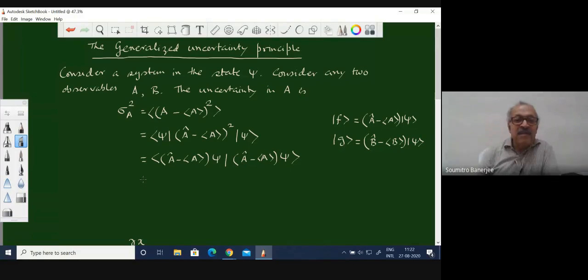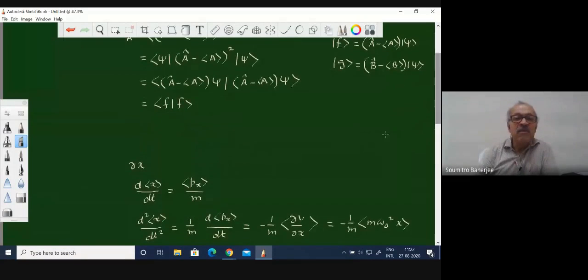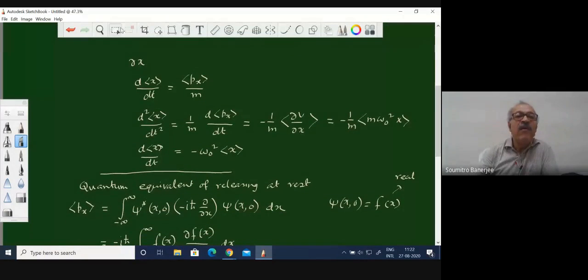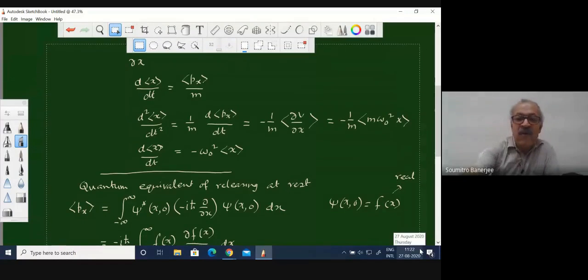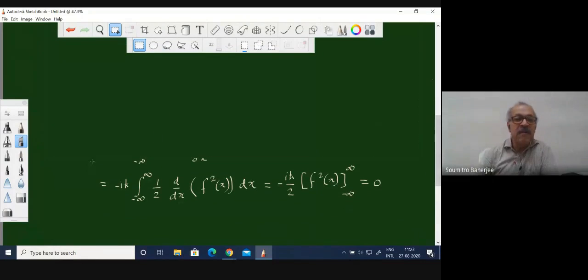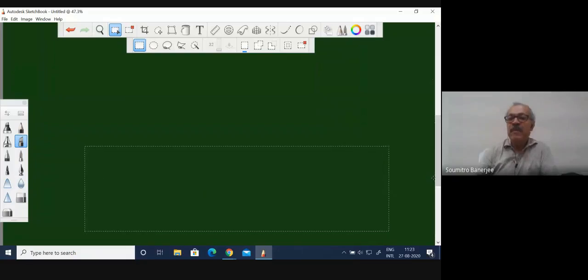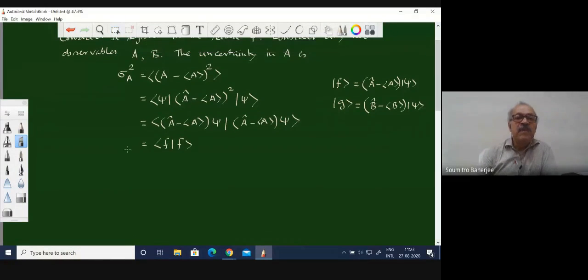So in that case, I can write this simply as F, F. And similarly, the uncertainty in B is given by similar things for B, written like this, G, G.